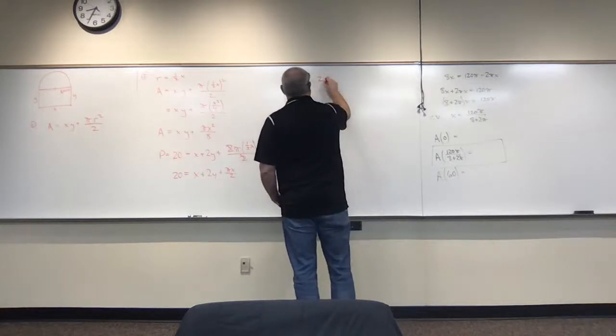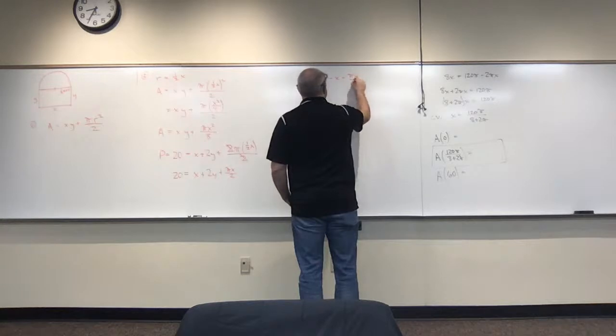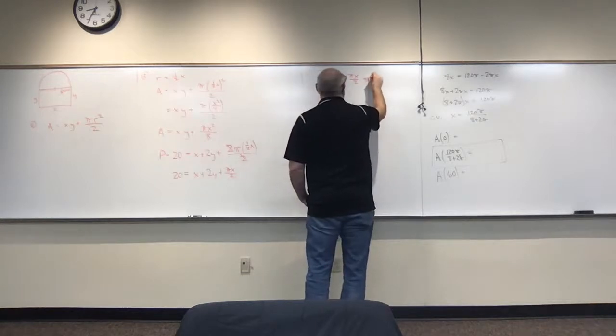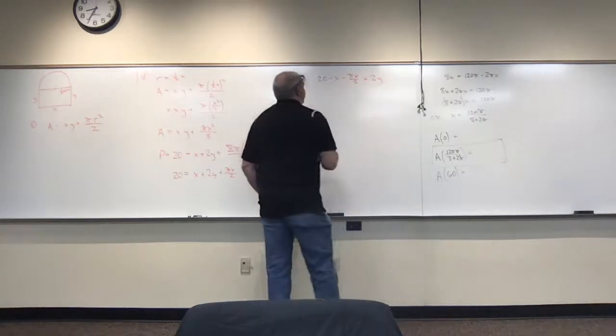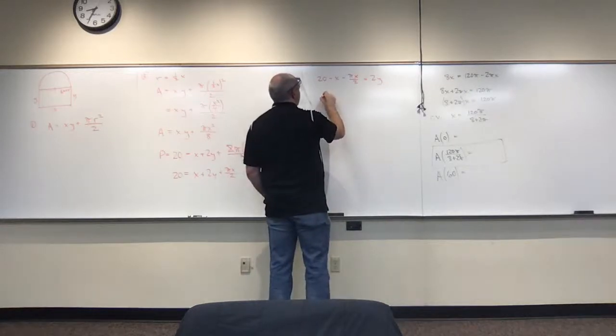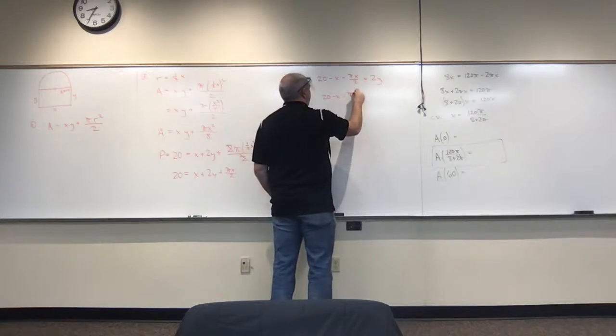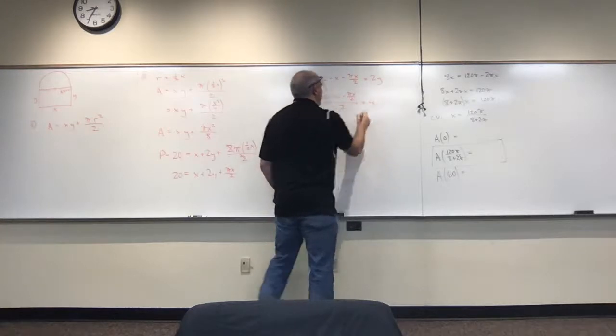So I get 20 minus x minus pi x over 2, and that's equal to 2y. Now I can divide everything by 2, and I get that 20 minus x minus pi x over 2, divided by 2, equals y.